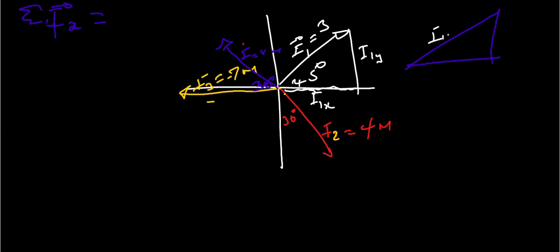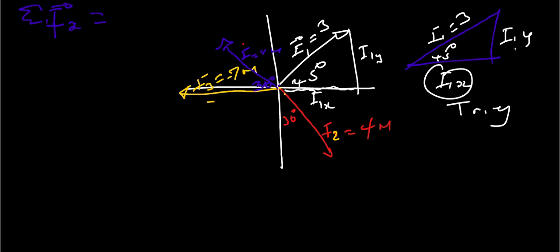Remember, we have F1 here, which has the magnitude of 3, and then we also have F1x and F1y. Here we have 45 degrees. So we want to find F1x and F1y. We're going to apply trig, so trig is very important. Remember, we only have the value of the hypotenuse.